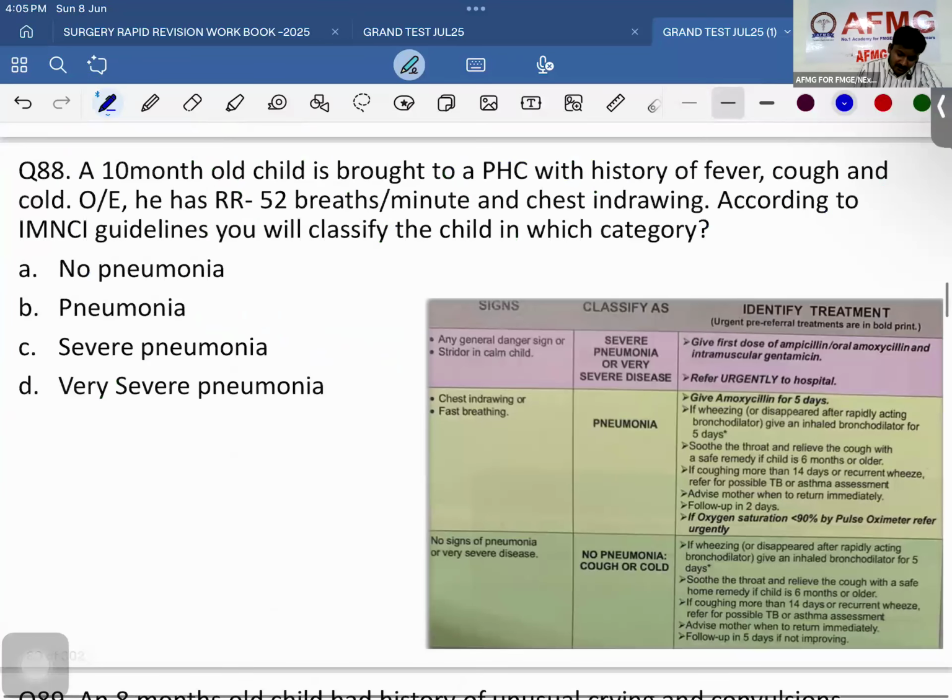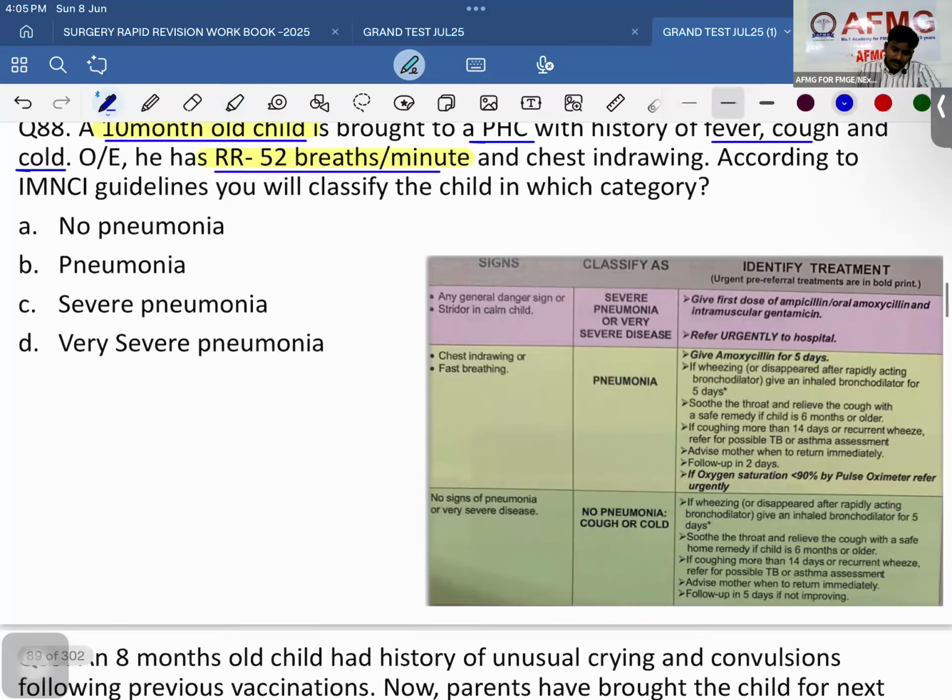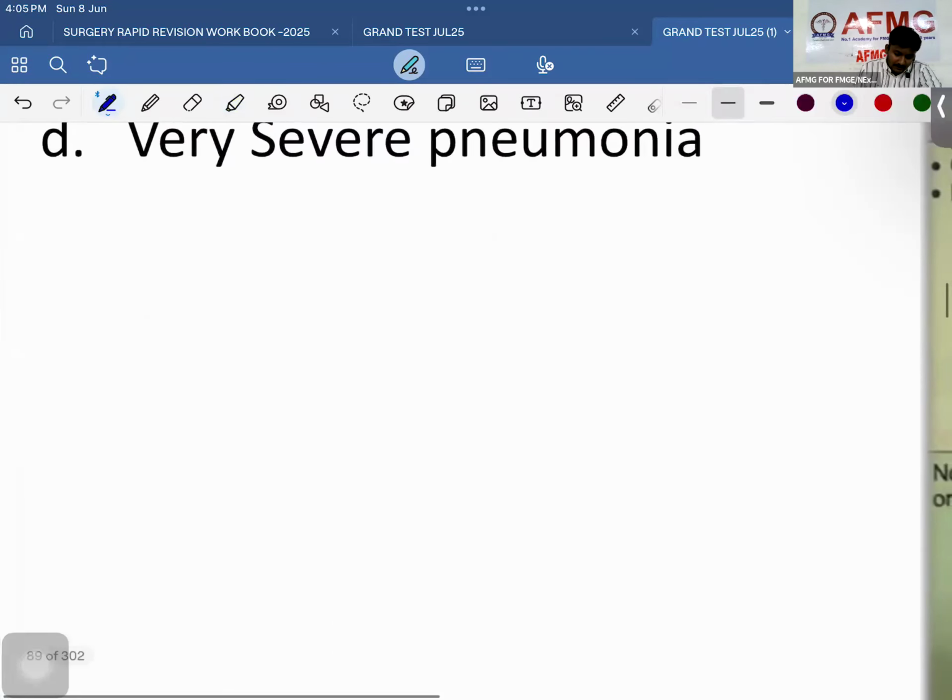Question number 88, if I talk about, we are having a 10-month-old child, bacche, who is brought to the PHC with a history of fever, cough, and cold, beta. On examination, the child has a respiratory rate of 52 breaths per minute. Is it tachypnea? Yes. Reason, we know, in a less than 2-month-old child tachypnea is at more than 60 breaths per minute, beta.